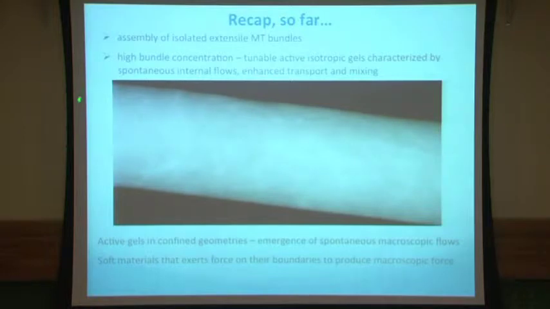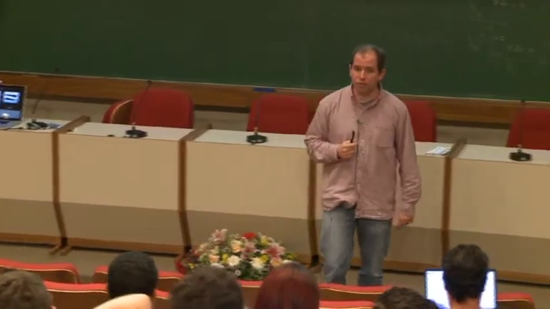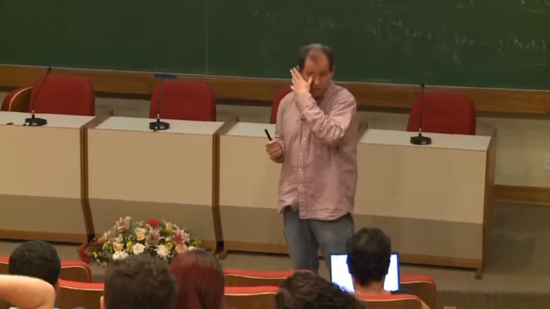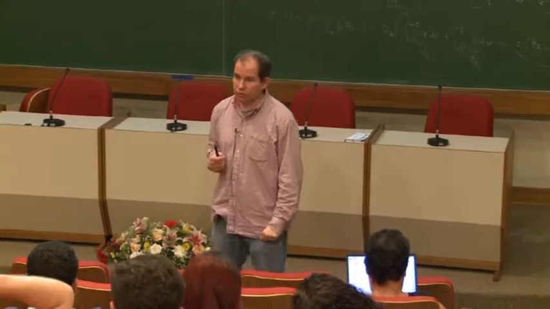Here it can't flow in one direction because there's an end, but on the outside you set up this flow, and if you follow this material, on the outside it goes in this direction, but in the center, the flow comes back in this direction. So you set up these large-scale patterns, and what we're trying to do is engineer these things in a circular geometry and see whether you get something that really flows and generates a macroscopic force.